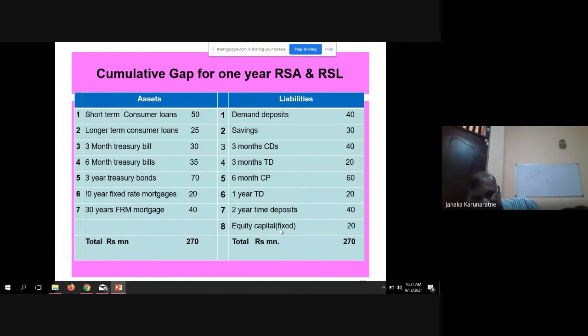Looking at the nature of the instrument and maturities, you should be able to do this. With the limited information, of course, not much information, so guess certain things. Anyone computed RSA over a 1 year period?